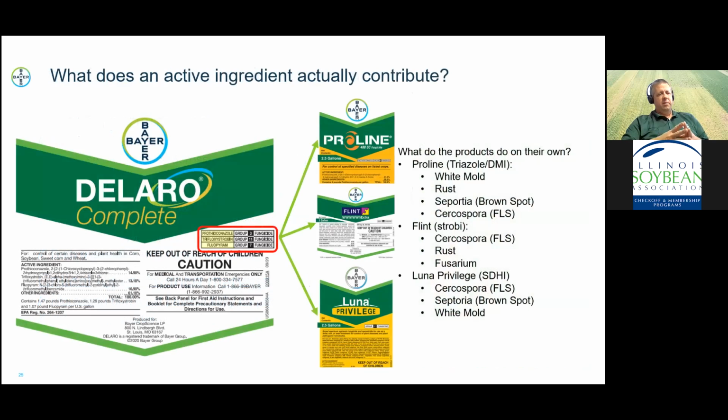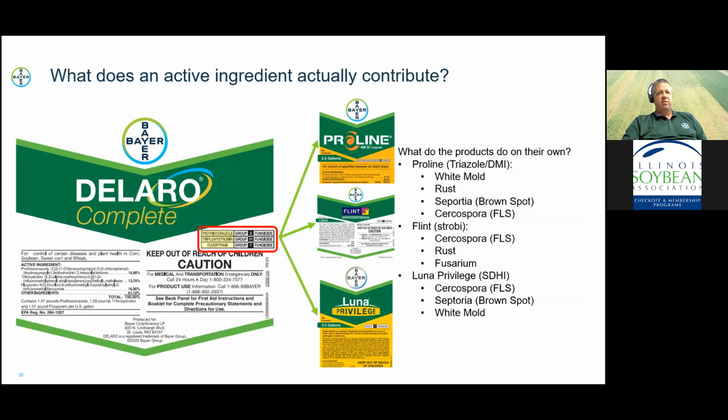So here's an example. Again, I'm using our product here, Delaro Complete, which is really a combination of 3 different fungicides, and they all have different diseases that they control. The triazole component of Delaro Complete is also labeled as Proline.